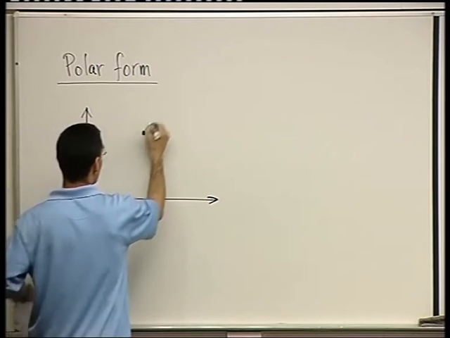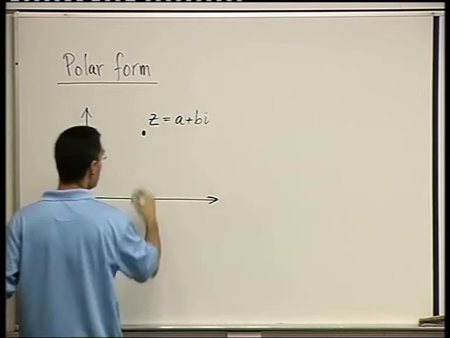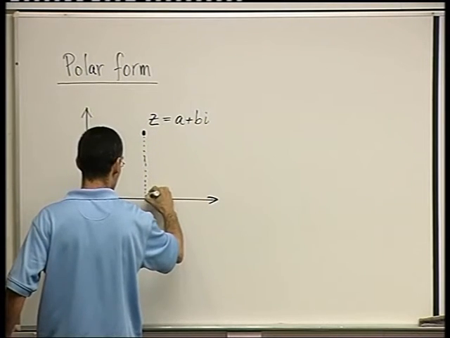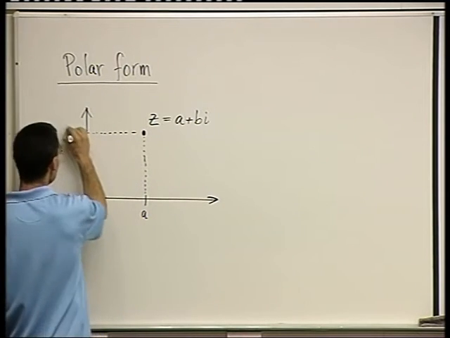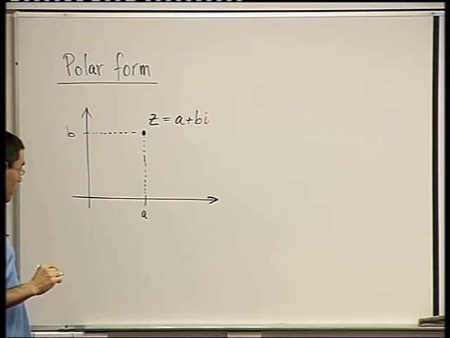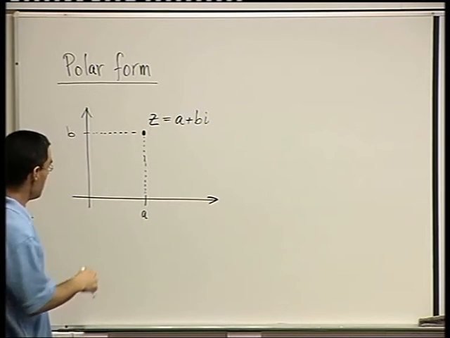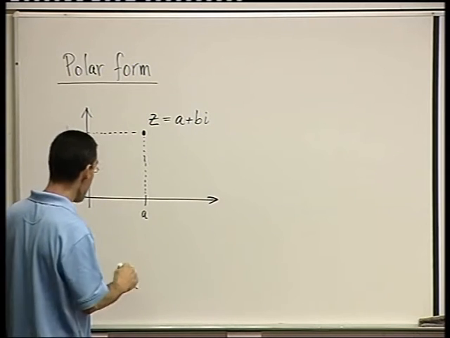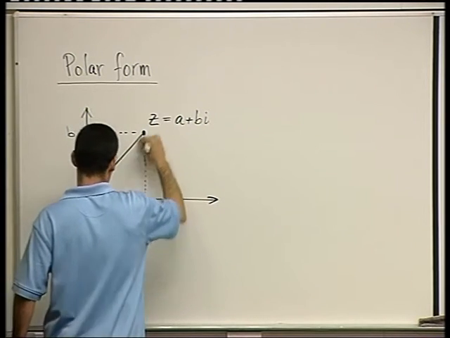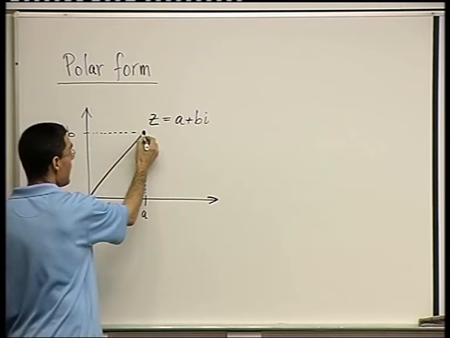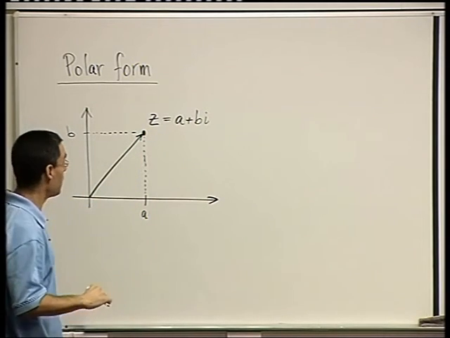Let's call the number z, and we know that it's of the form a plus bi, and this is a. a is its real part, and here is b, which is its imaginary part. z can also be thought of or described in a unique way as this arrow, or what we call a vector. It's just a different way of thinking of this point here in the plane.